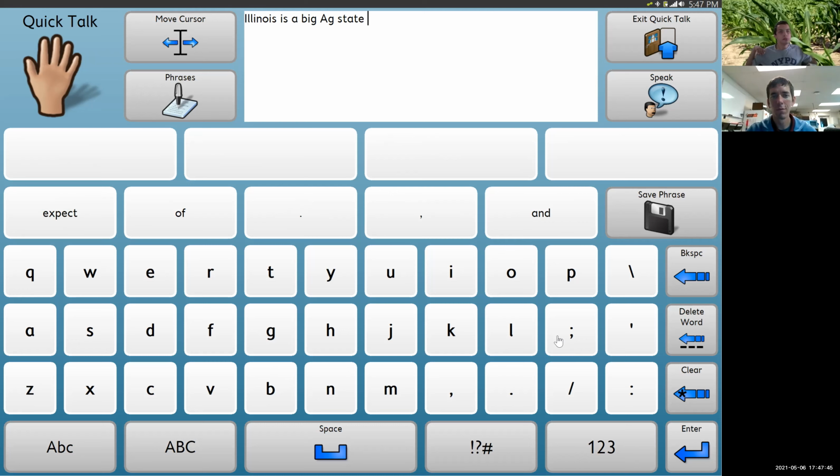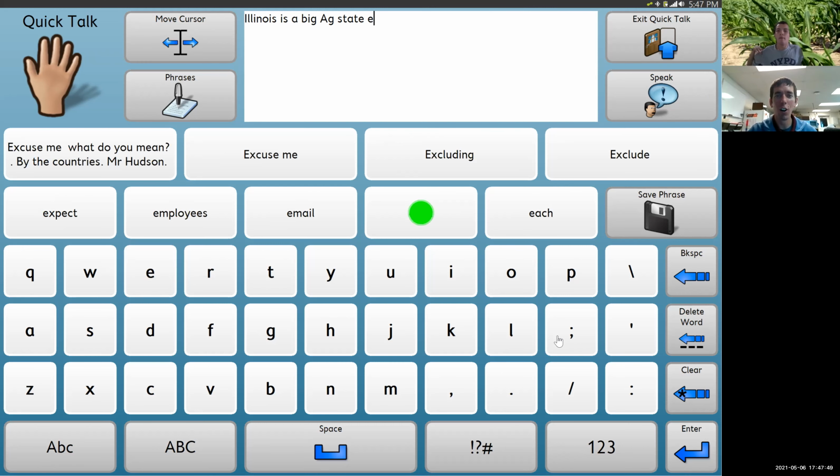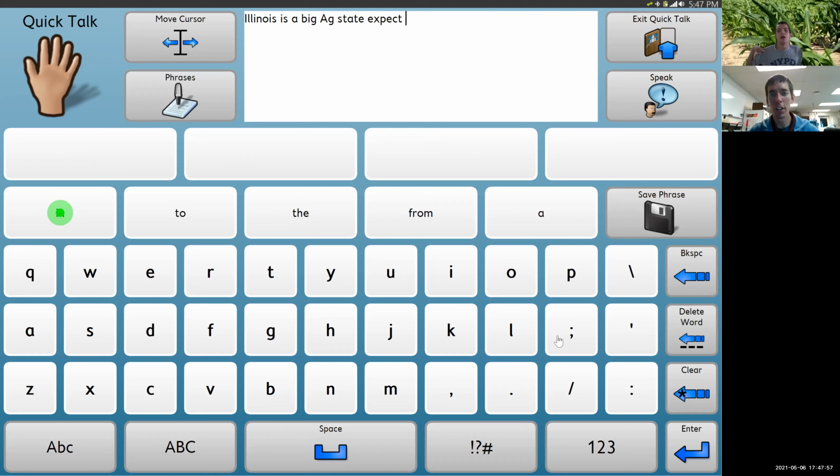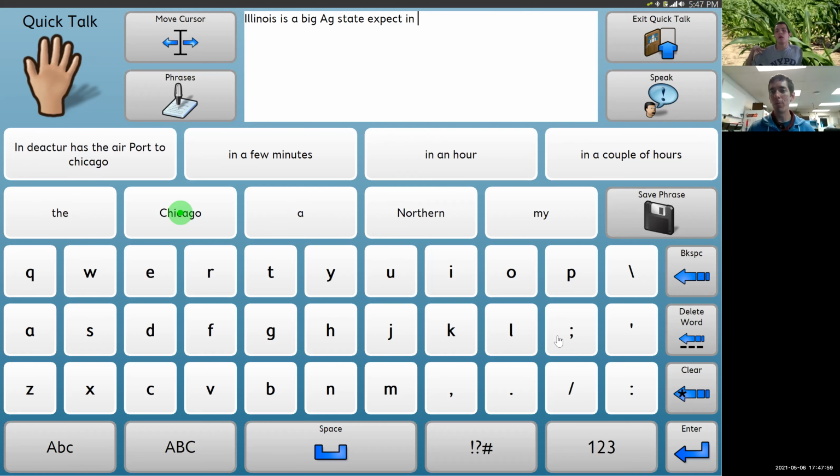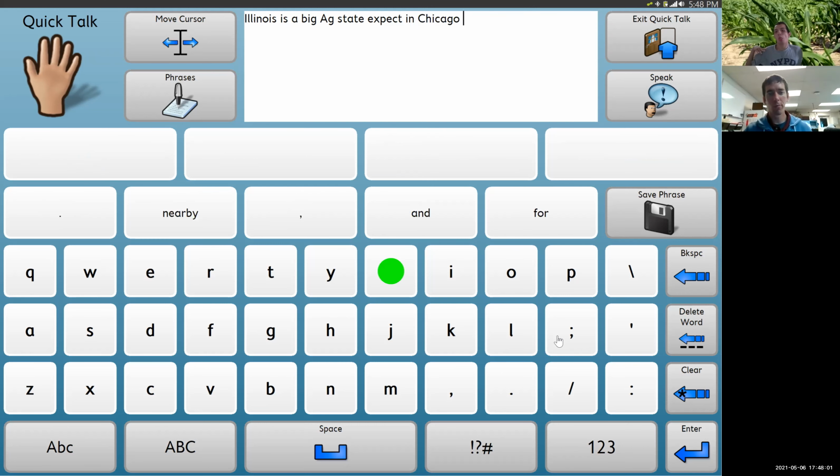Illinois is a big ag state. Yeah, yeah, it sure is. I mean, we got 23 million acres of corn and soybeans, something like that. It's pretty impressive. It's a pretty big deal here, and it's exciting to work in it.